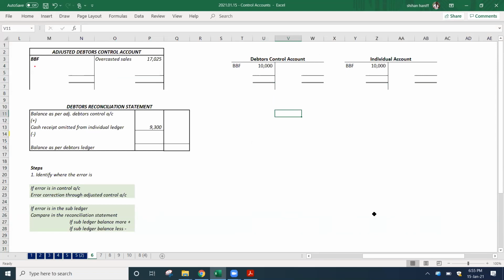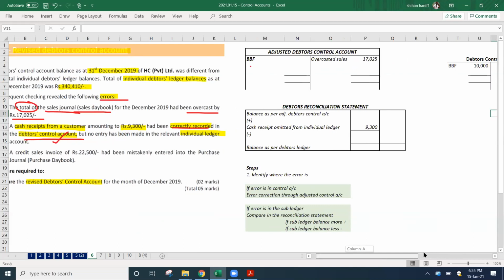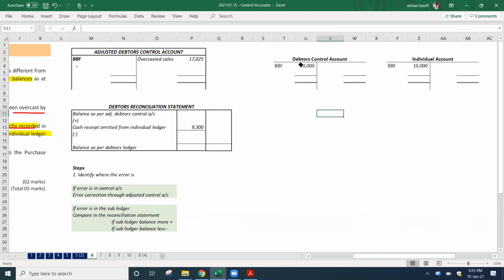Now let's take this error. What is the error? Cash received from customer 9,300 had been correctly recorded in the control account. So in control account, cash received is recorded 9,300. Now what is the balance in the control account?